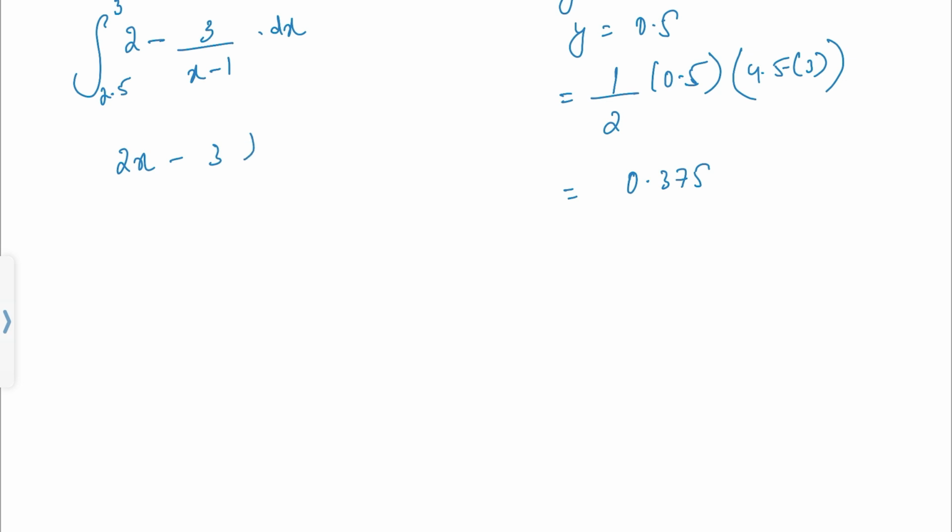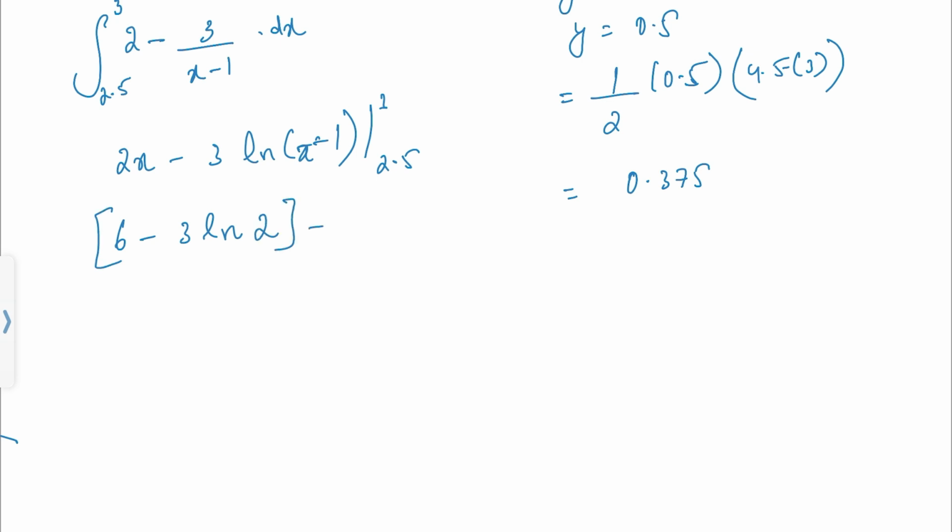So this would be 2x minus 3 ln x minus 1, and limits would be applied as 3 and 2.5. 3 would give us 2 times 3 minus 3 ln of 3 minus 1, is 6 minus 3 ln 2.